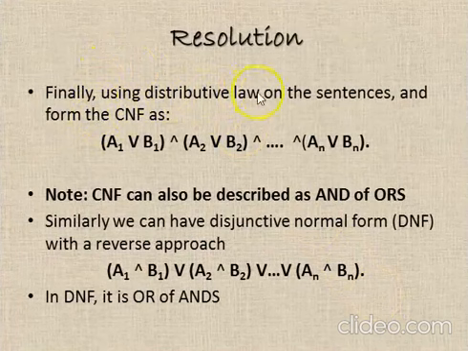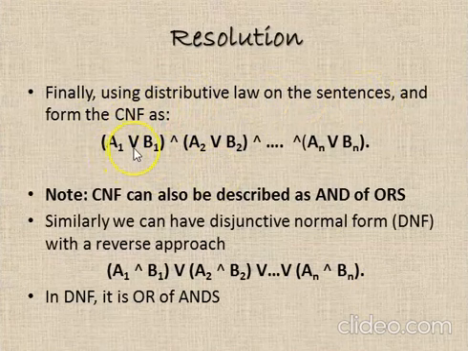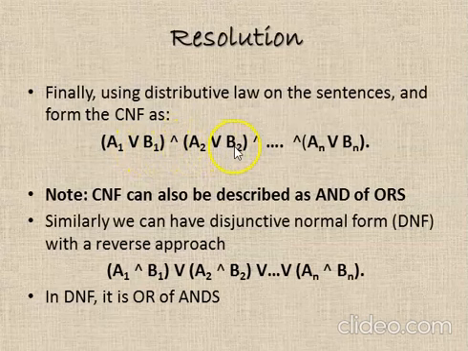Finally, using distributive law on the sentence, it should be of the form A1 or B1 and A2 or B2 and so on, up to AN or BN.